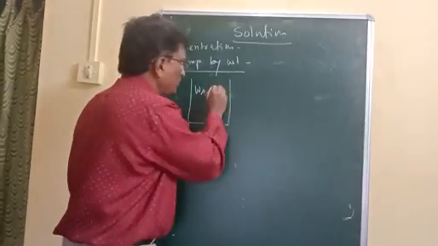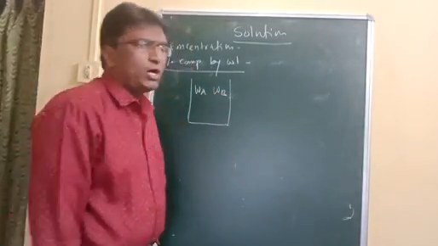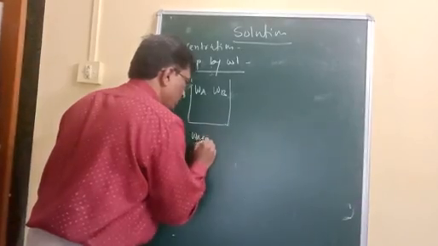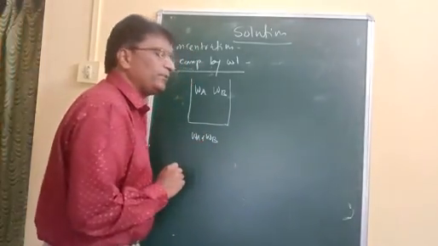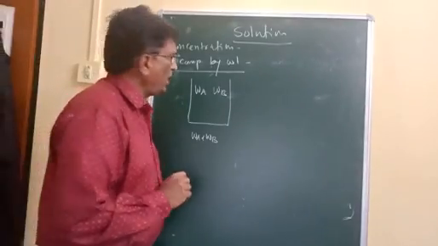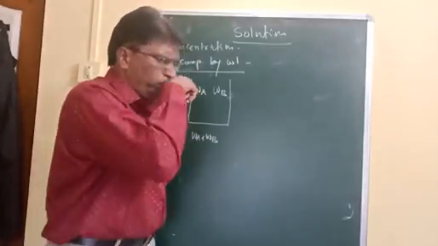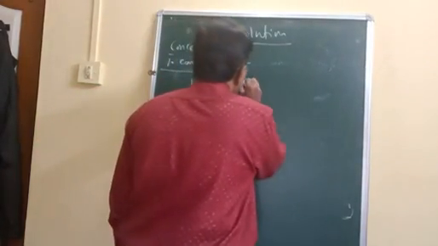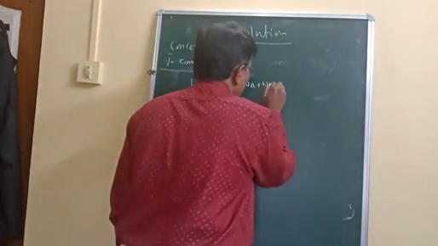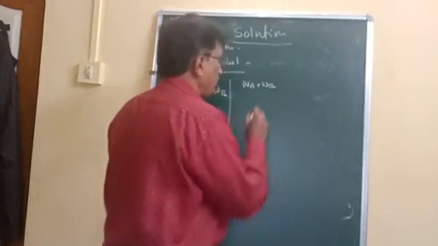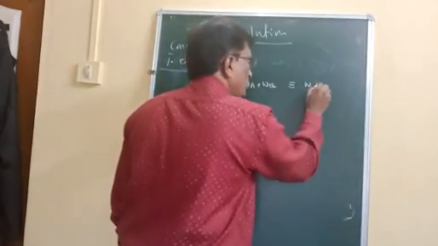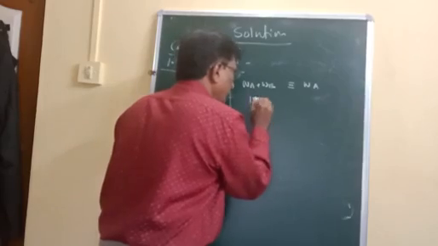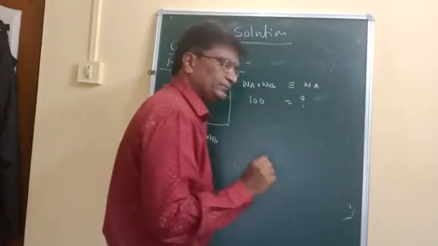Now here, suppose the solution is composed of WA weight of A component and WB weight of B component, then the total weight of solution becomes WA plus WB. Now if you want to determine the percentage composition of the components, the total weight of solution WA plus WB contains WA weight of A component, then 100 parts contain how much?